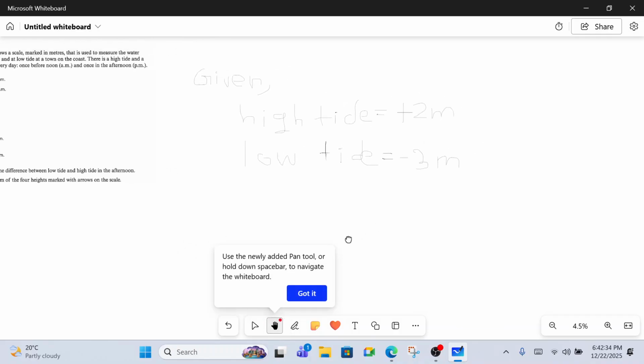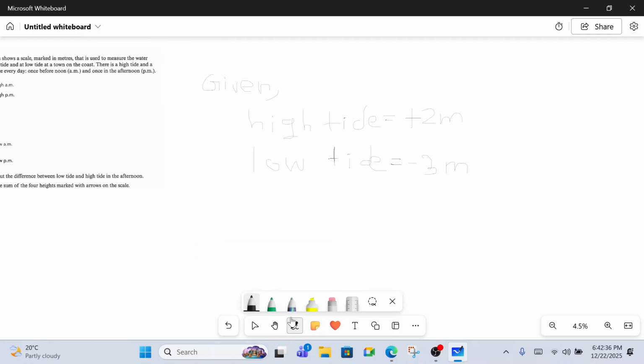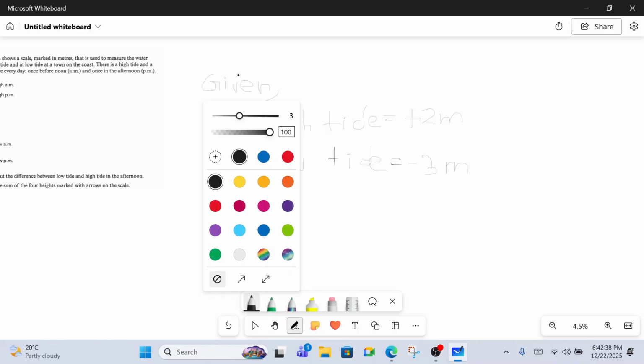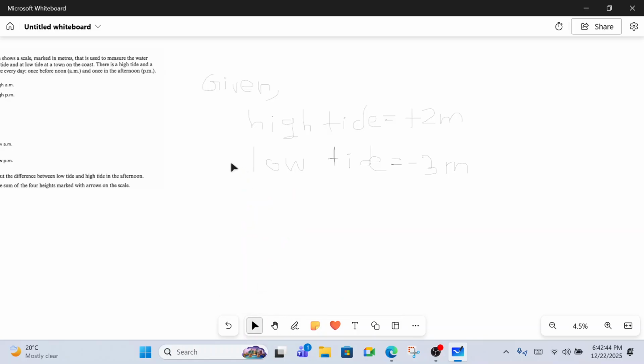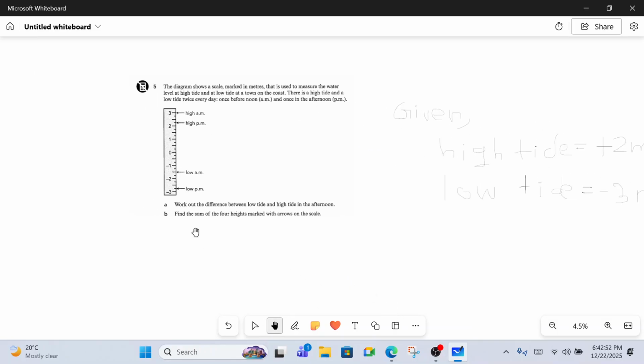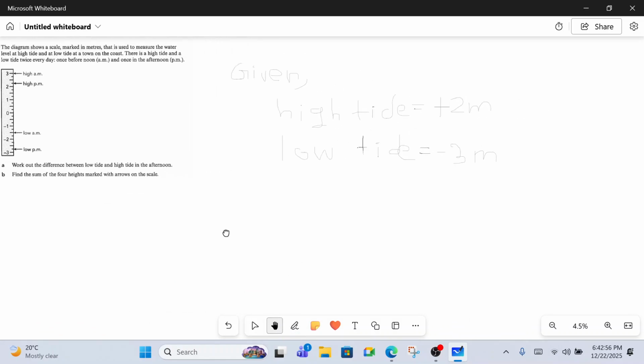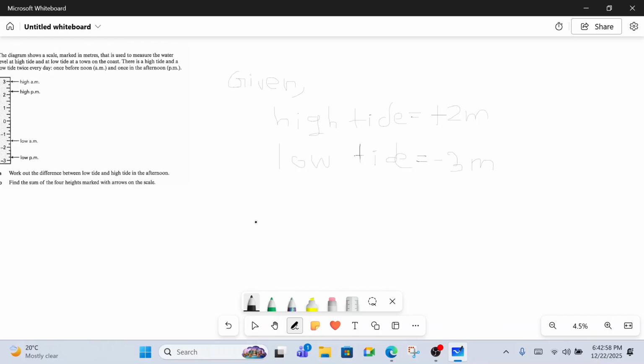Since we've already got our given information here, actually let me just make my pen slightly thick. There, that's much better. Now that we've got our given information, high tide and low tide, let's find out the difference. They just asked us to find out the difference between the high tide and low tide, right? So let me just write this down.